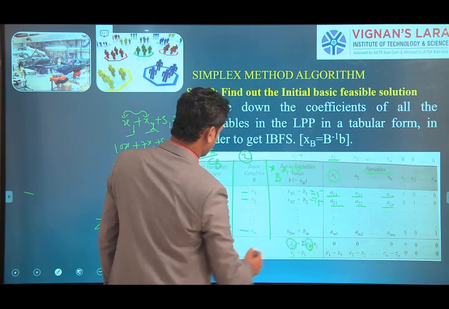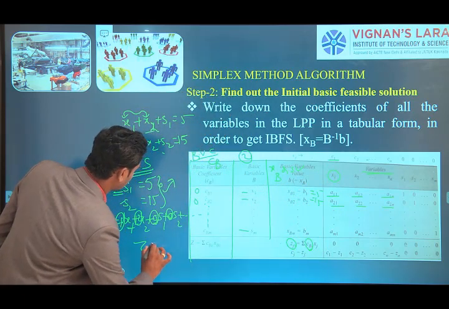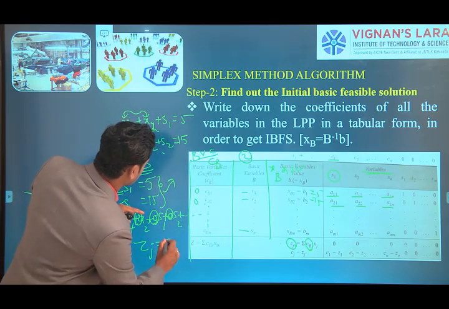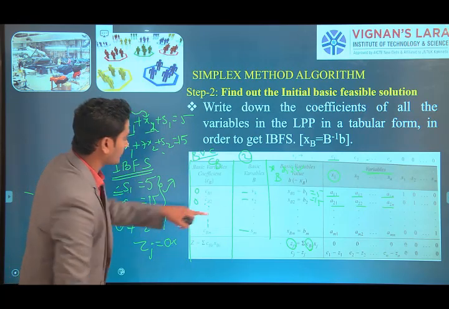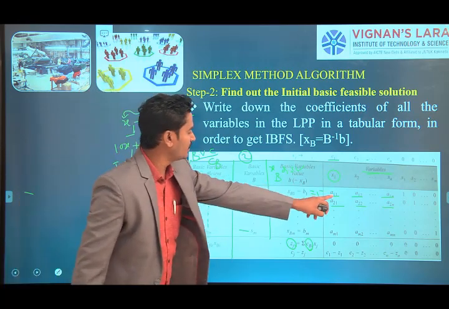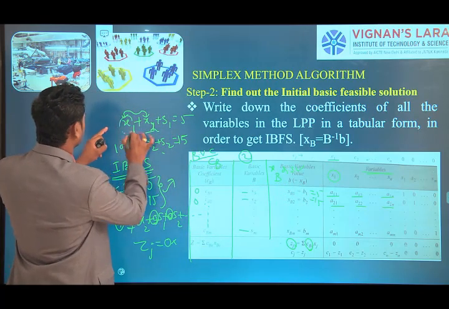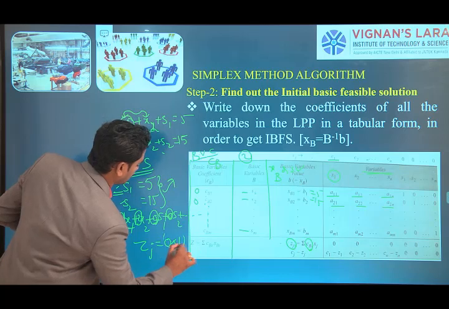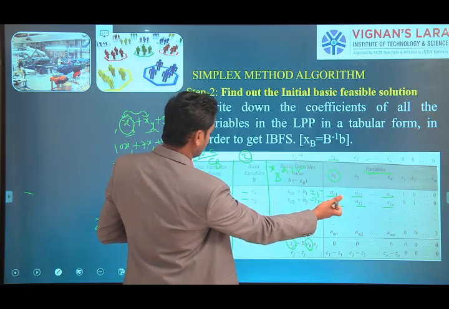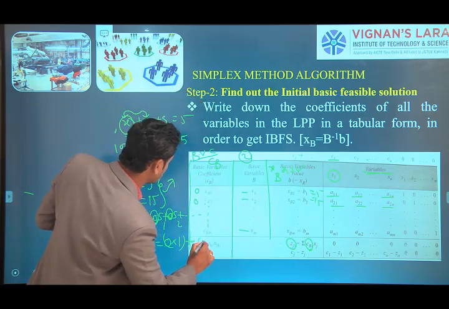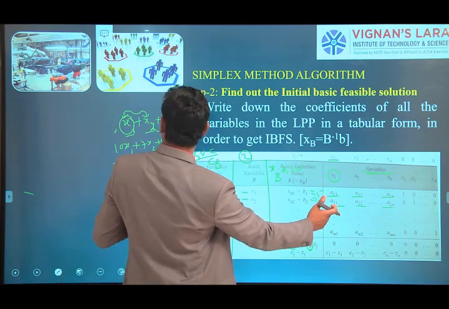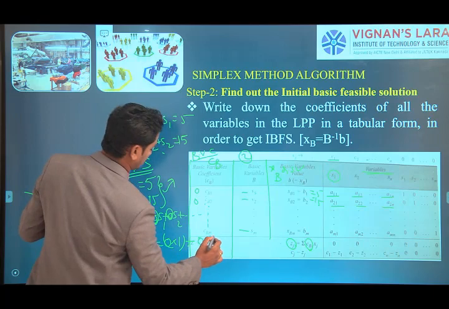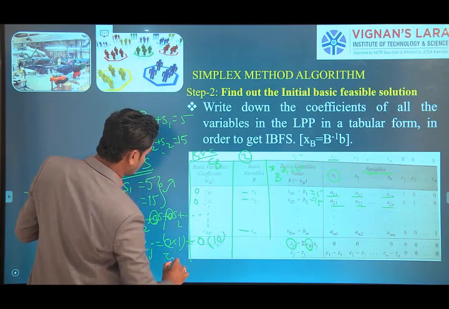Suppose we find ZJ: ZJ is equal to the basic variable coefficient 0 into the x1 value, here x1 is 1, plus, second row, the basic variable coefficient 0 into the second value, 10. Like that we find the ZJ value.